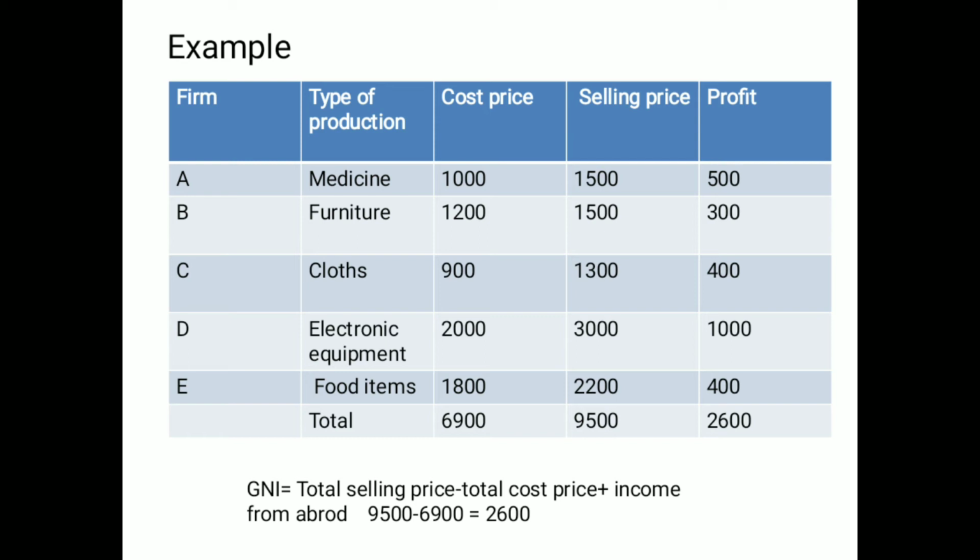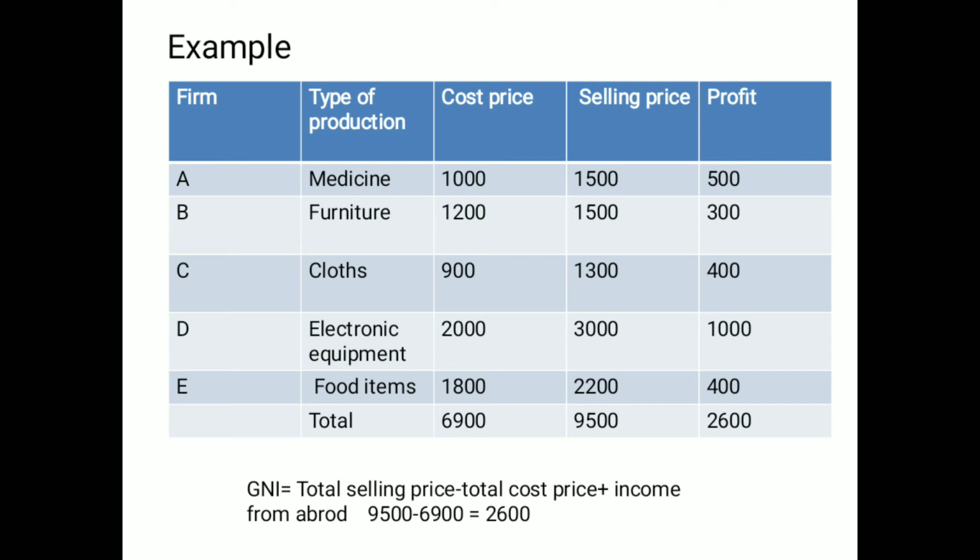As we take the total cost price and total selling price of all these commodities, we get the total profit of the economy. Here, the total cost price is 6900 rupees, while the total selling price is 9500 rupees. So the total profit of the economy is 2600 rupees.